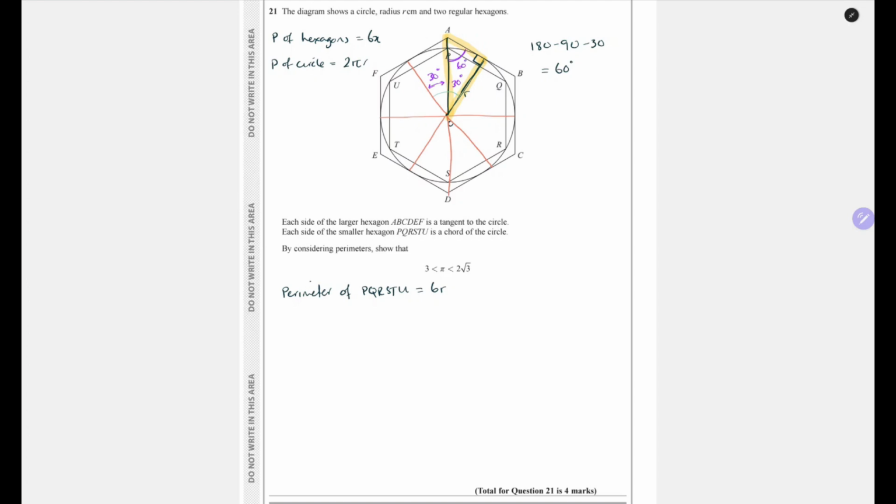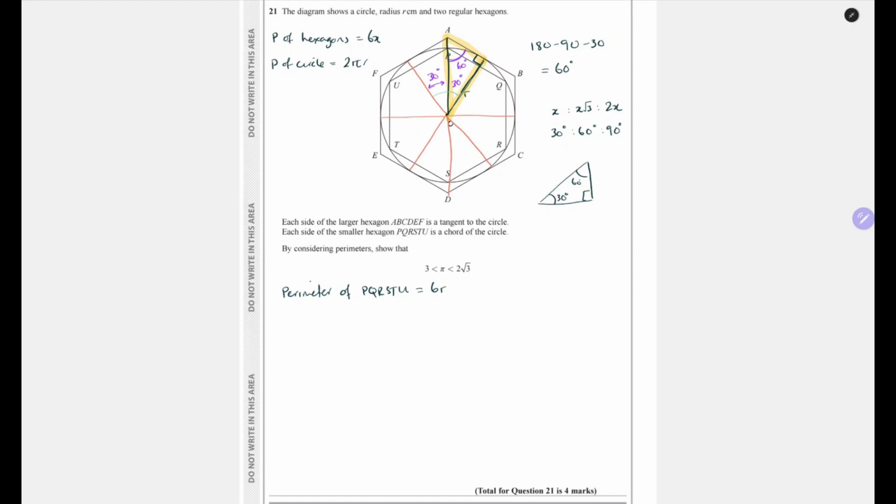Now, this is a special kind of right angle triangle. So if that's 90 degrees and that's 60 degrees and that's 30 degrees, this has a ratio for angles of 30 to 60 to 90. And it has special properties whereby they have a ratio, for the lengths, of x to x multiplied by root 3 to 2x.